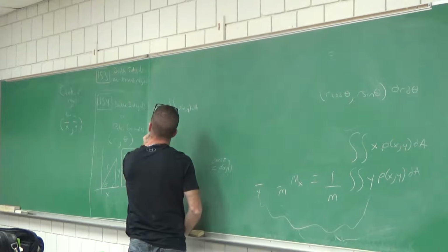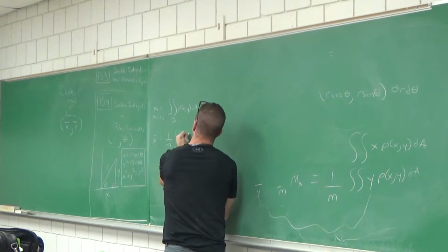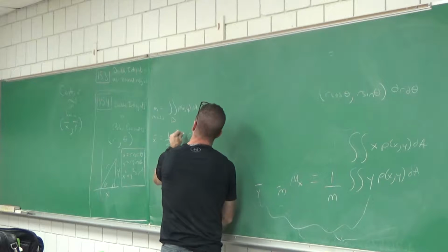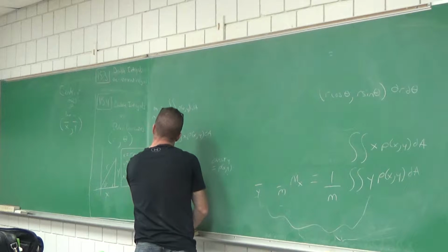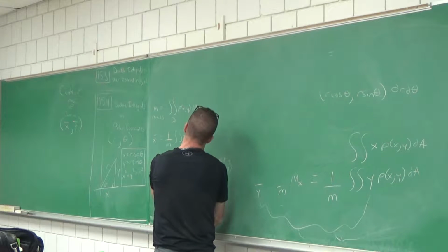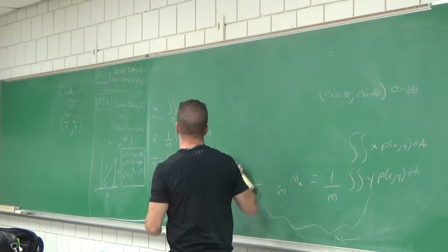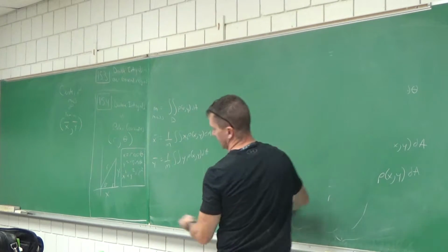What's x bar? Divide out the mass, double integral of x rho. And what's y bar? Divide out the mass, double integral of y rho. Alright. Remember that rho is just the density, so they have to somehow give it to you.